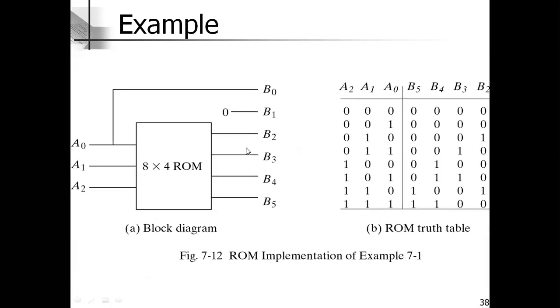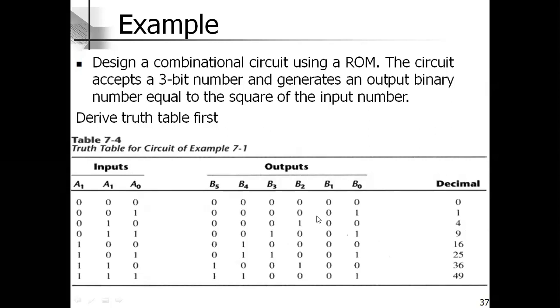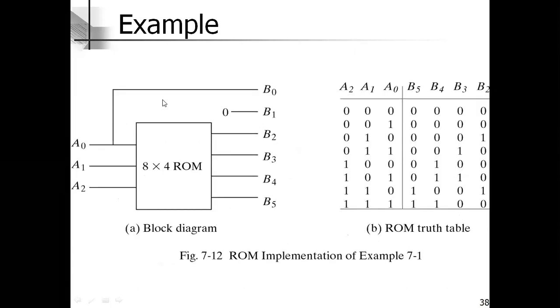The remaining 2 are not connected, because A0 is similar to B0. See here 0 1 0 1 0 1 0 1, and here also 0 1 0 1 0 1 0 1. So there is no need to connect; the A0 and B0 values are the same.